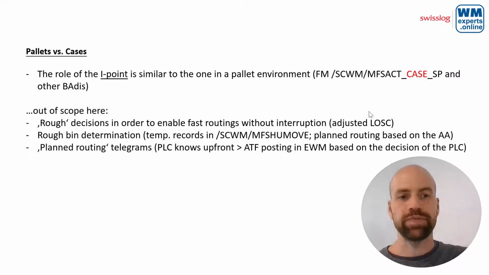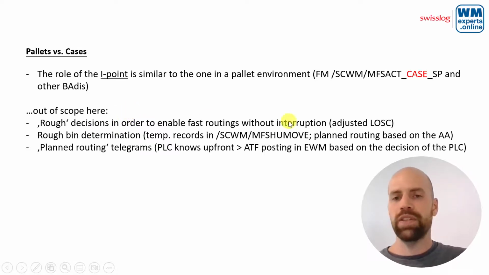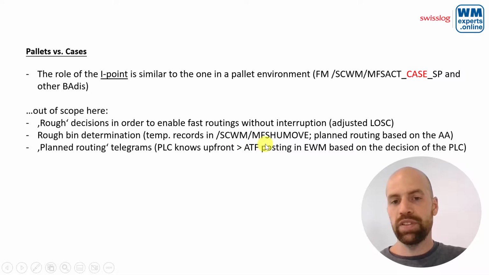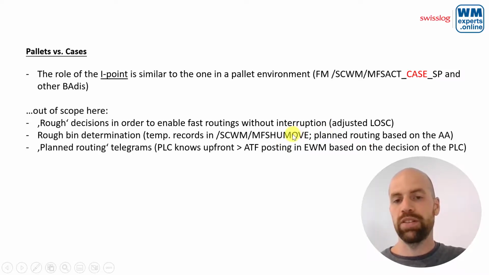And due to this fact, there are concepts like rough decisions. In order to enable fast routings, we have a slightly adjusted layout-oriented storage control concept. And we have rough bin determination, where we have temporary records for warehouse tasks and respective destinations in table SAP MFS HU move, which are then used to route the HUs, and we have planned routings in this context.